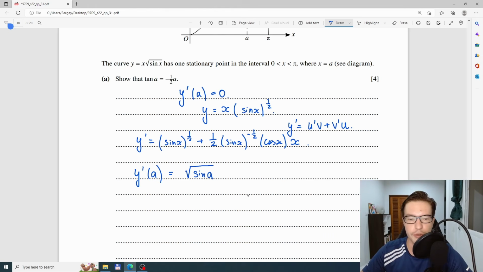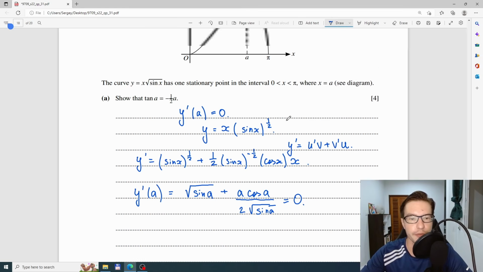So we get square root of sine a plus a cosine a over 2, and then the negative power of the sine means it's going to go down to the fraction, and we get square root of sine a. And that should be equal to 0, because when x equals a, we have a stationary point.